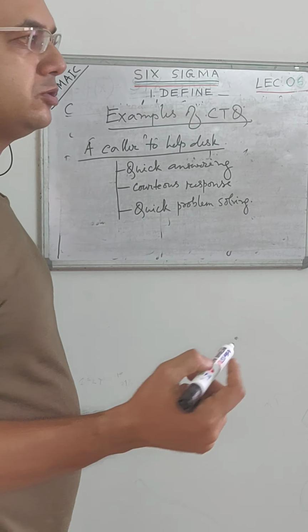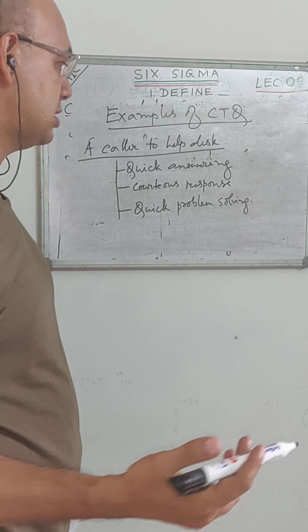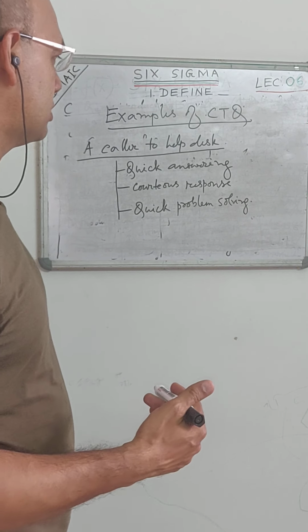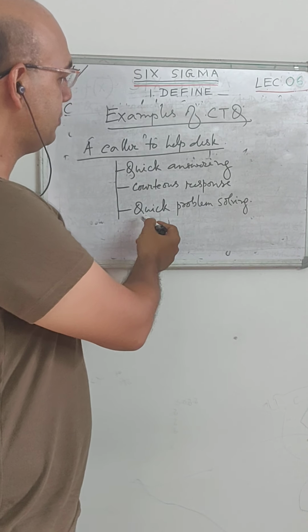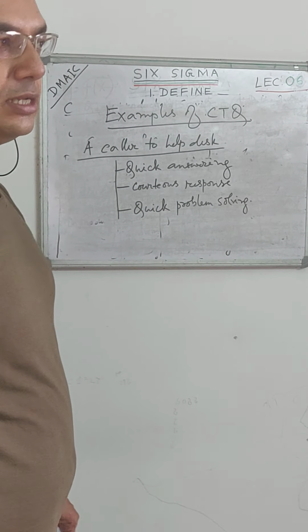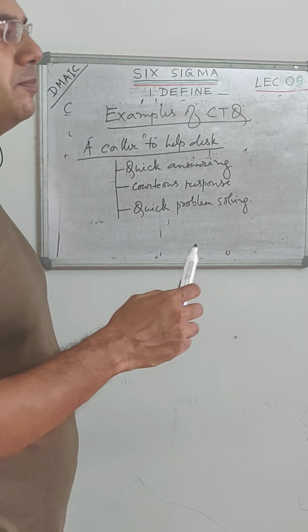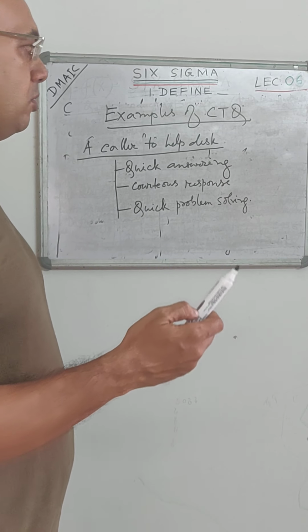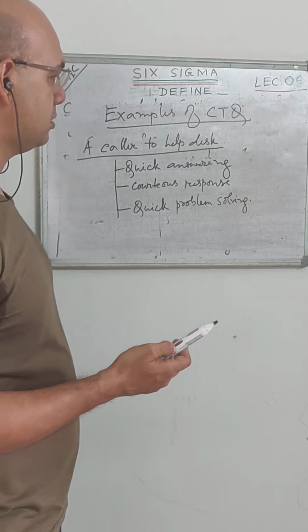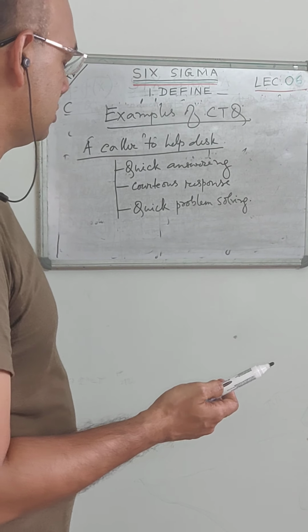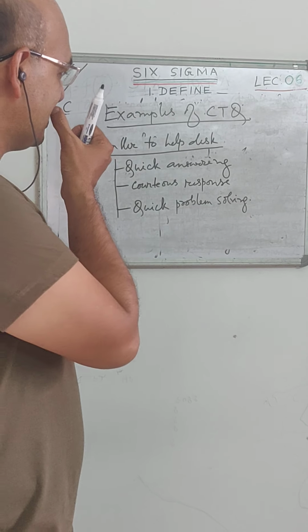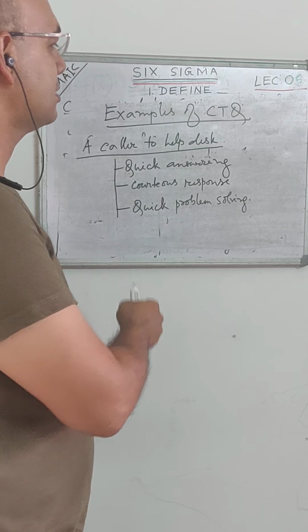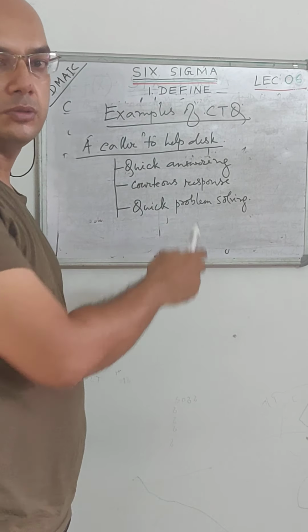We always expect he or she to be very polite in responding to our questions. Then we can have quick problem solving. They should develop a system online or some person-dependent solution very quickly. Quick response is always expected. So in the service sector, these may be the CTQs.